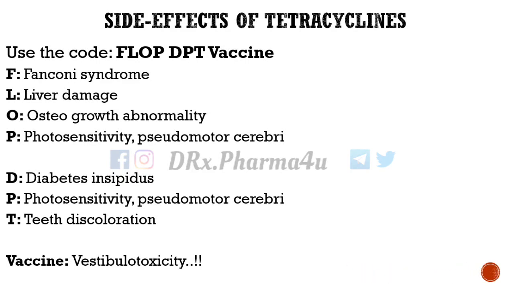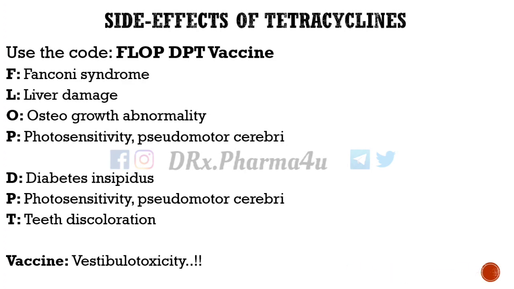O stands for osteogrowth abnormality. What do you mean by osteogrowth? Osteo means related to the bones. So if it is used in children below the age of 8 years, it will prevent the proper growth of the bones. P stands for photosensitivity and pseudotumor cerebri. Actually, that pseudotumor cerebri P you can add in the last also.